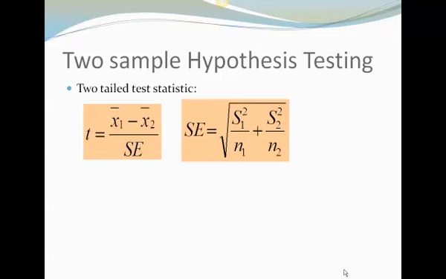It's basically the sum of the two standard errors, because the standard error is the standard deviation divided by the square root of the number of observations. So by squaring those standard deviations, it just moves you to the variance, and then when you take the square root of that, you're going back to that standard deviation.